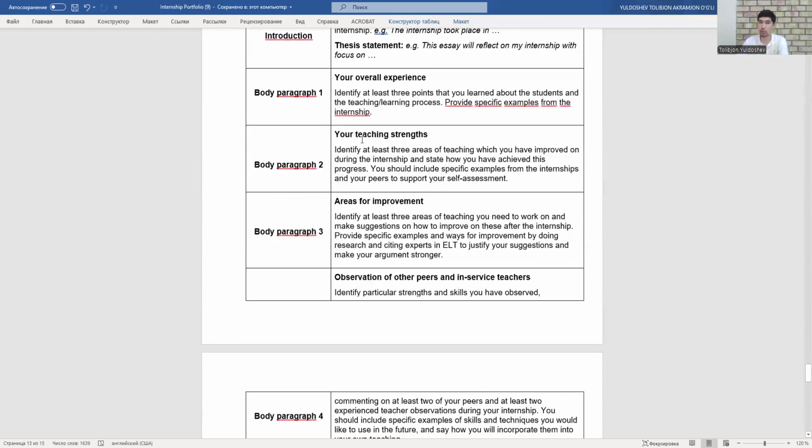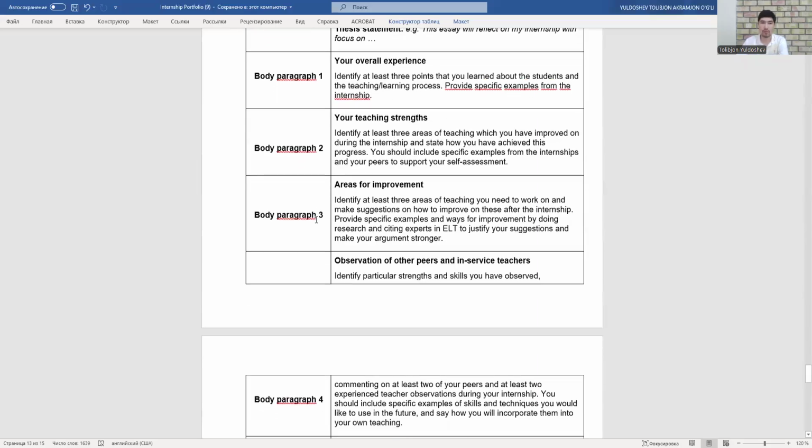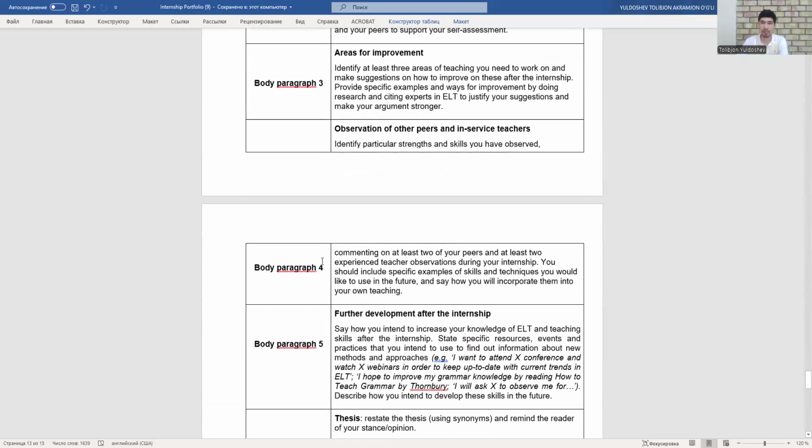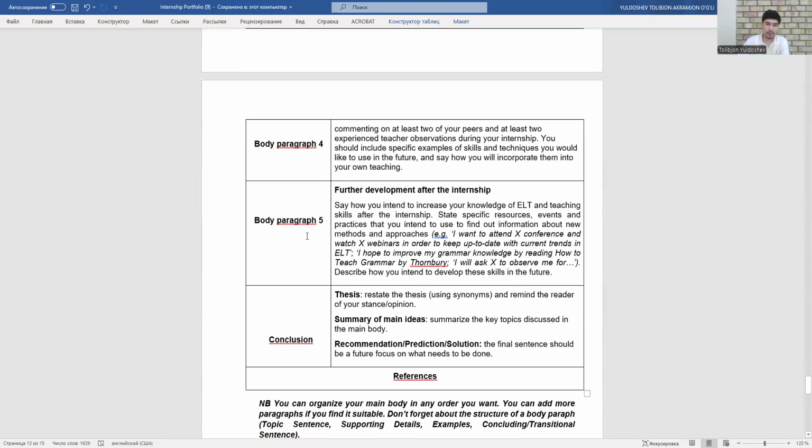Body paragraph is about your teaching strength. Body paragraph 3 is something that you think that you need to improve further. Body paragraph 4, something that you learned from your peers or from other teachers at school. And body paragraph, how you are planning to develop further after internship.